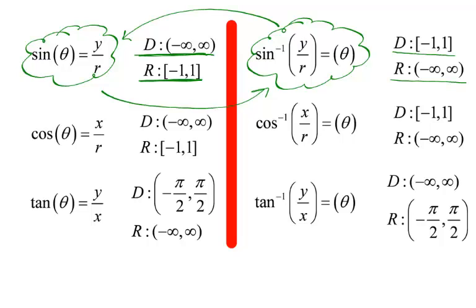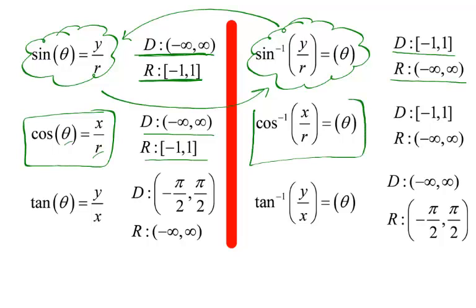I can take the sine of the sine inverse as easily as I can take the sine inverse of the sine. Notice that carries forward for cosine, angle measure, side ratio, cosine inverse, inputs of side ratio, outputs of angle measure. Domain, all real numbers. Range, -1 to 1. Domain, -1 to 1.